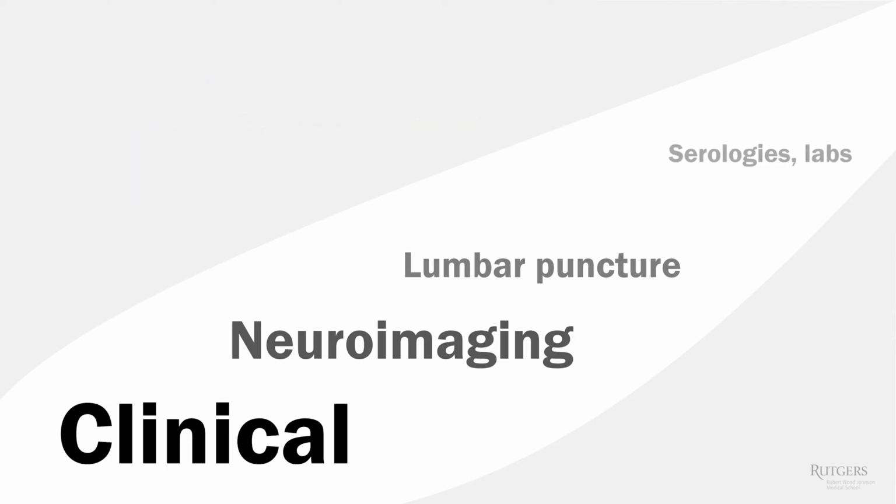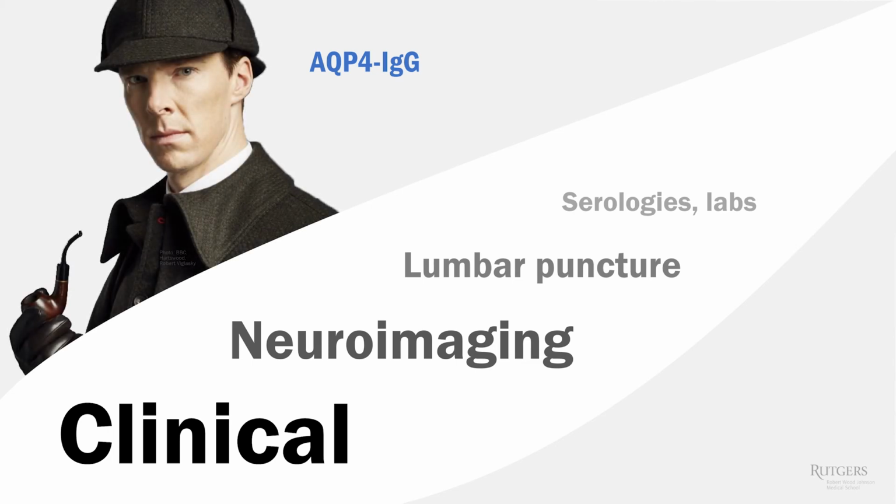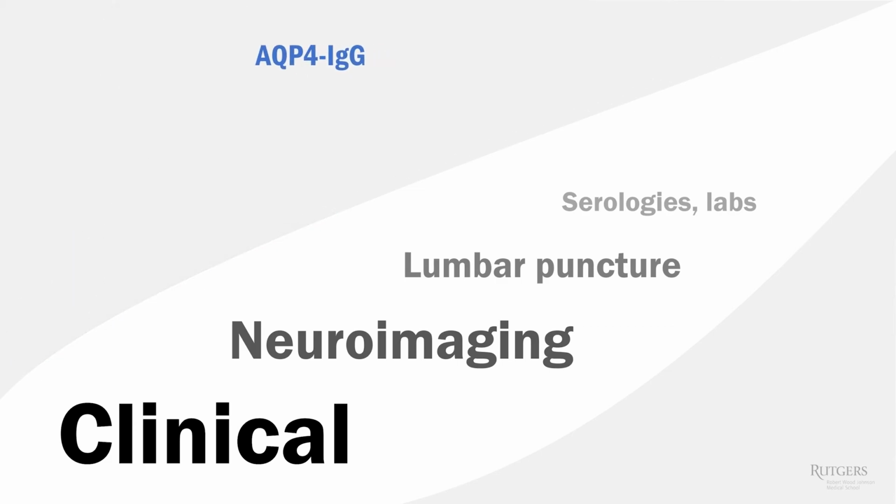When it comes to serology, the highest yield non-infectious serological test is aquaporin 4 IgG to help with the diagnosis of neuromyelitis optica. This antibody is the Sherlock Holmes of diagnostic tools for myelopathy. We briefly discussed that with immune-mediated pathologies, the damage can be restricted to CNS or affect the entire body.